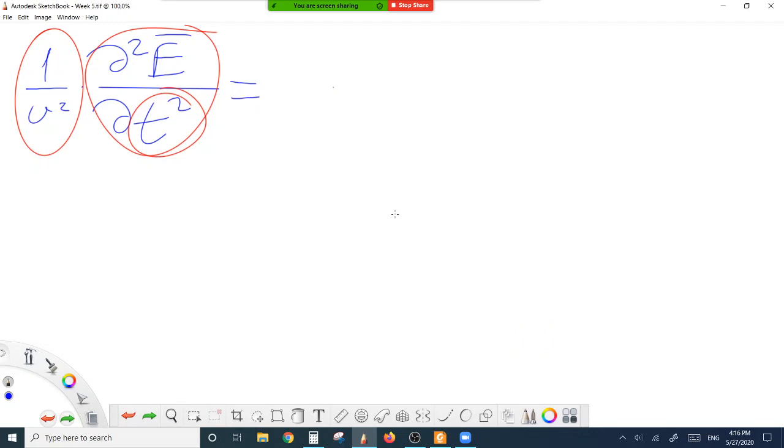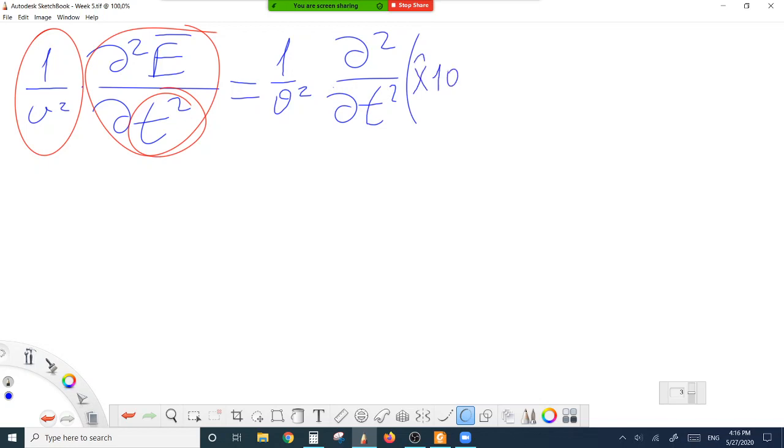First let me write 1 over v squared times the second derivative d squared/dt squared of x multiplied by 100 multiplied by cosine of 10 to the power 6 t minus square root of mu 0 epsilon 0 times 10 to the power 6 z.